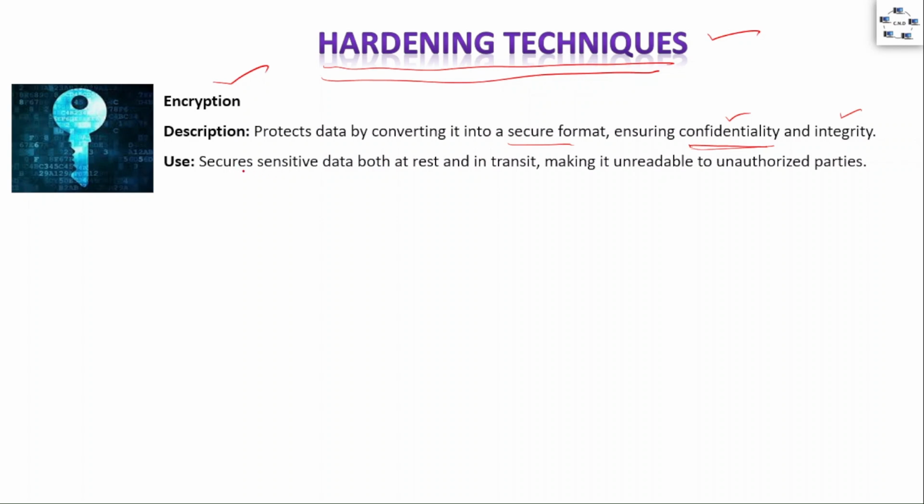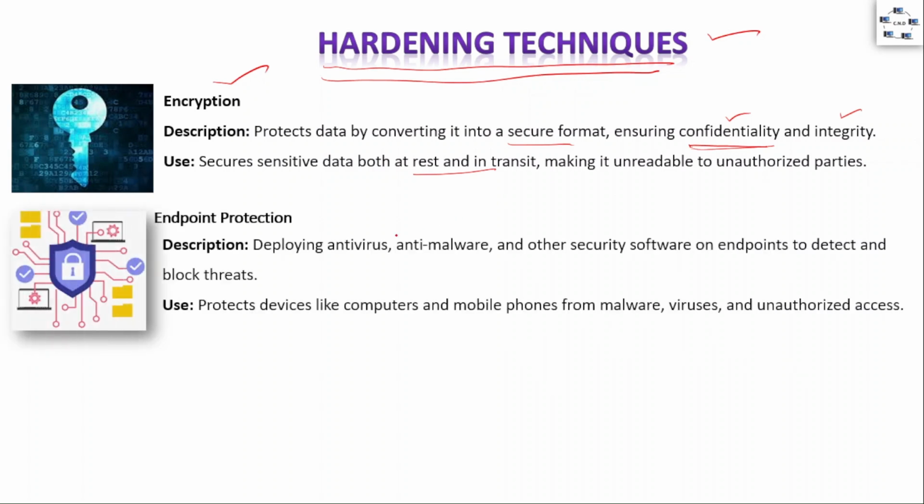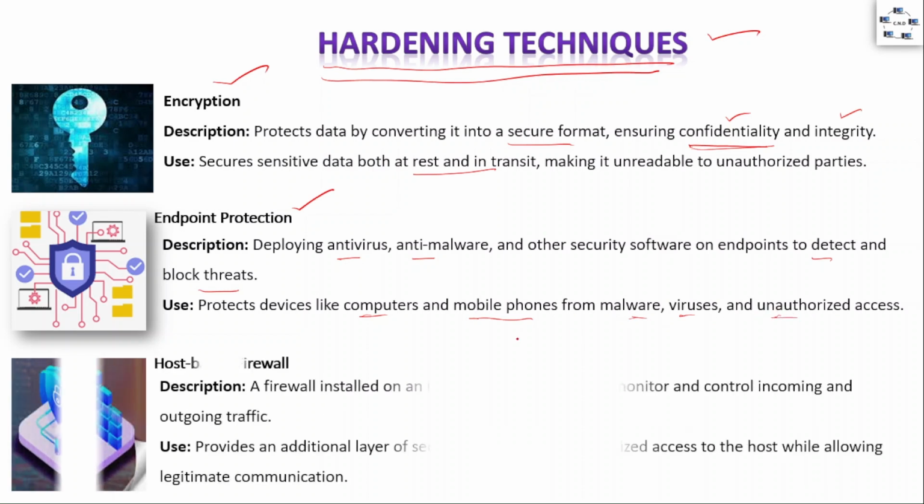Its use case is that it secures sensitive data both at rest and in transit, making it unreadable to unauthorized parties. Another hardening technique is endpoint protection, deploying antivirus, anti-malware, and other security software on endpoints to detect and block threats. It protects devices like computers and mobile phones from malware, viruses, and unauthorized access.